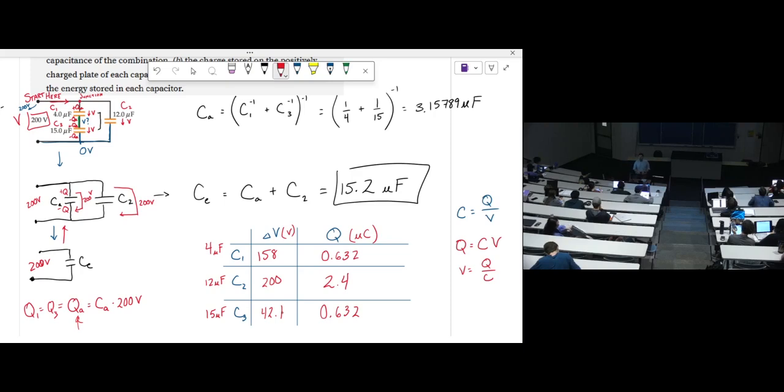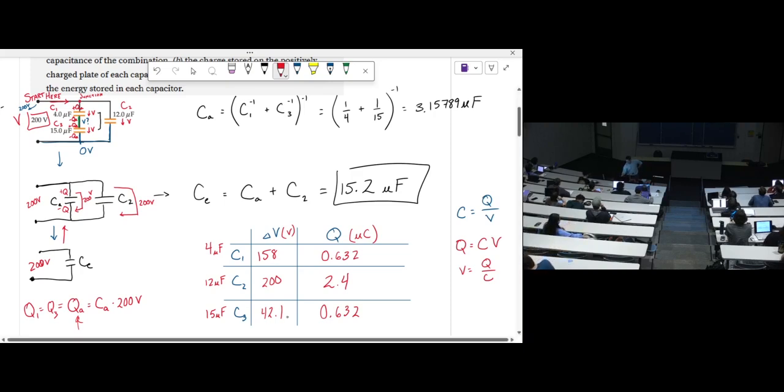Now, one thing you want to consider is, we said if you have a 200 volt drop from the top to the bottom, then we'd expect that the voltage drop across the first plus the voltage drop across the second, 158 plus 42 volts, equals my total voltage drop of 200 volts across those two things combined.